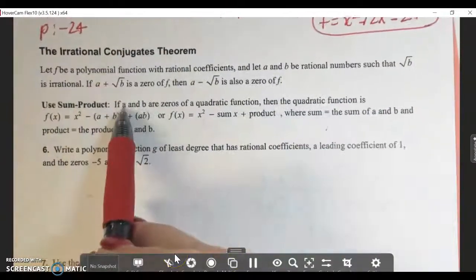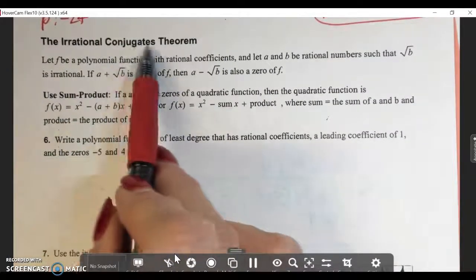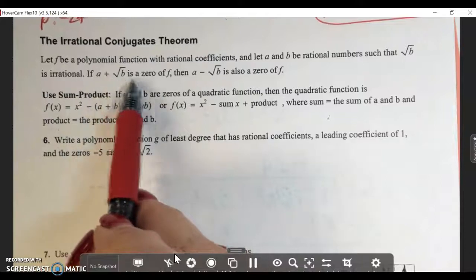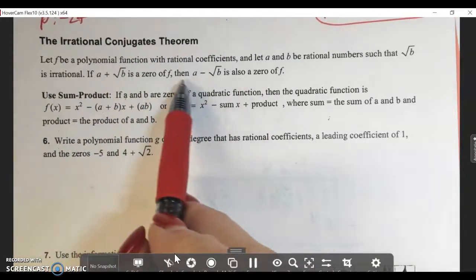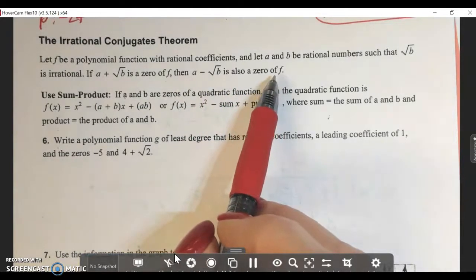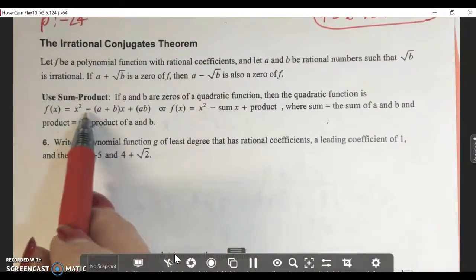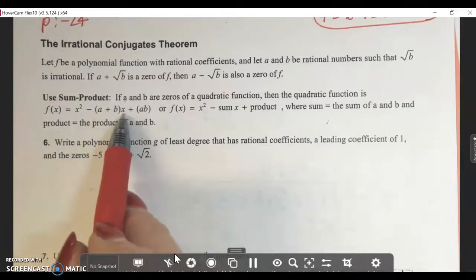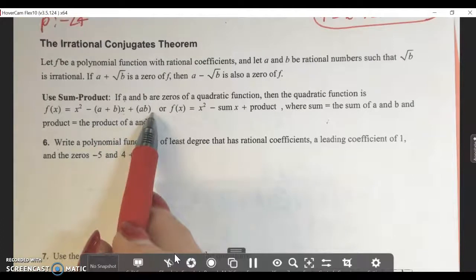So right here, it says the irrational conjugates theorem says if a plus radical b is a 0 of a function, then a minus radical b must be a 0 of the function. And then the next thing we're always going to use is this x squared minus the sum x plus the product.